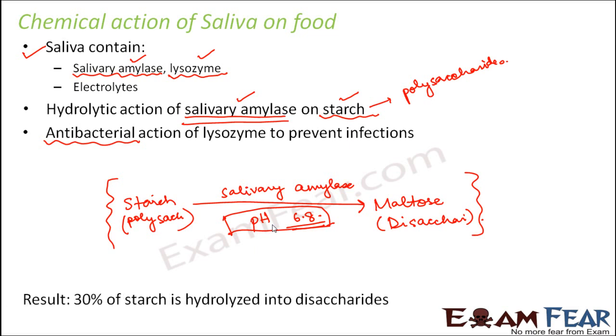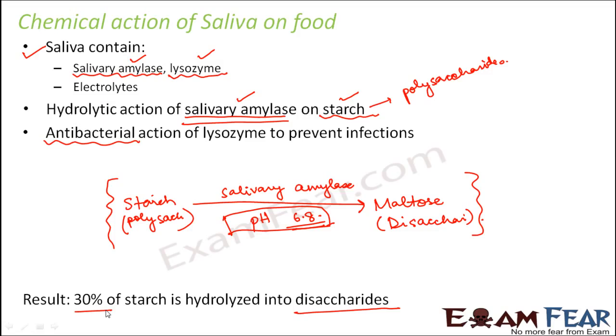So what is the result of the food being passed to the mouth and then to the oral cavity? The result is that 30% of the starch present in the food gets hydrolyzed into disaccharides. So some part of the digestion has started taking place. Now let us suppose you eat a burger, that burger has carbohydrates, fats and protein. When you chew it and swallow it, till then no change happens to the fats or the proteins.